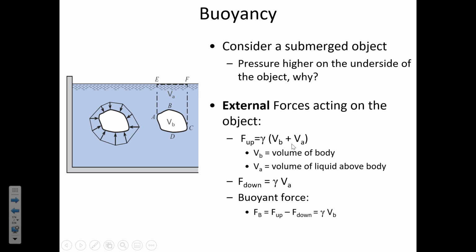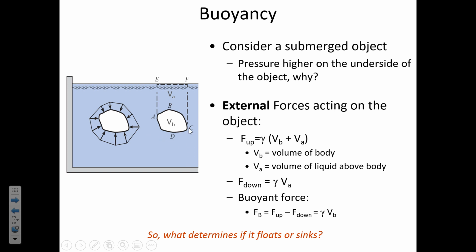And so it turns out that if you look at the two volumes that were in the upward forces, object B and volume A, and then you subtract out volume A, because those are the downward buoyant forces, all that's left over is the unit weight of whatever this liquid is multiplied by the volume of the object itself. So the generalized principle that we can apply to any submerged object is that the buoyant force is equal to the unit weight of the fluid multiplied by the volume that's displaced.